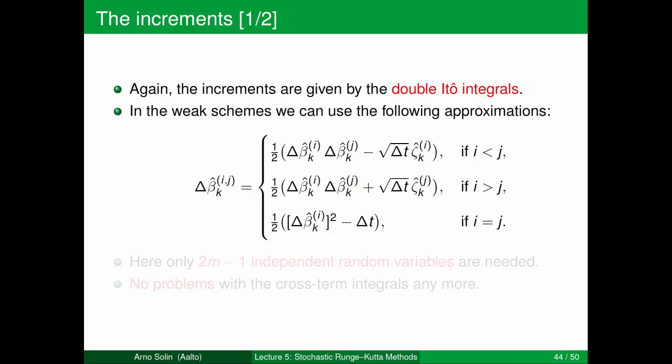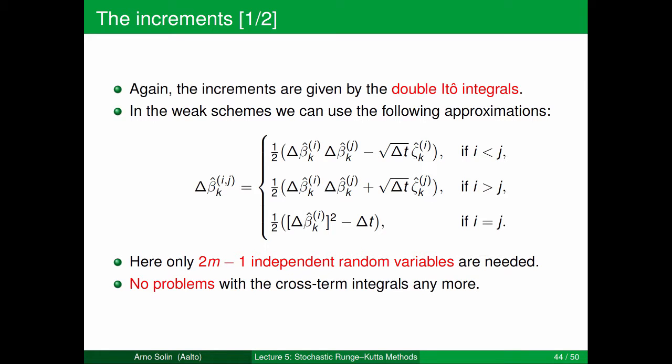In the weak schemes, we can use the following approximations for the delta beta values, even if i and j do not equal each other. Here only 2m minus 1 independent random variables are needed. And this means that we run into no such problems with the cross-term integrals as we did in the strong Runge-Kutta methods.